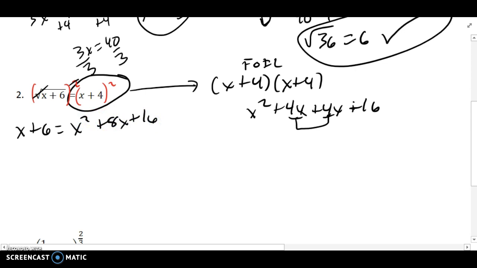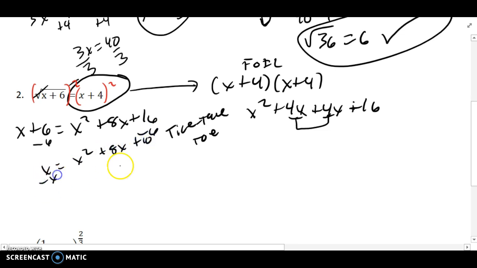And then from here we're going to actually tic-tac-toe to solve. Or factor is what it's called in most classrooms. So that means we need to get all our numbers and x's together. So we have a 0. Then we can solve this.